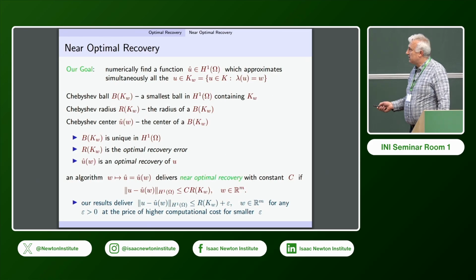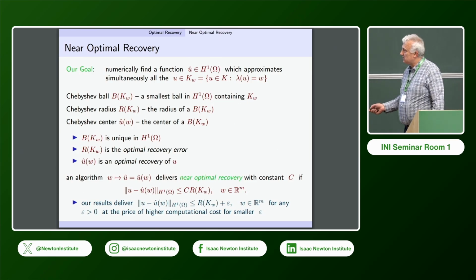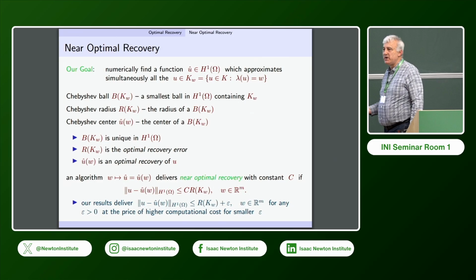So the basic numerical consideration in order to have near-optimal recovery is to make the algorithm efficient enough so that when we make epsilon nearly the same as the radius, or a constant times the radius, the numerical computations would not be too bad.